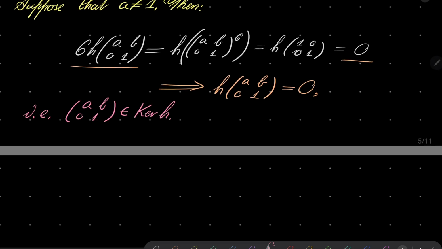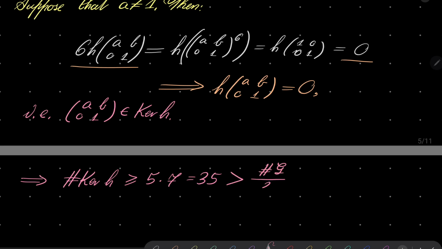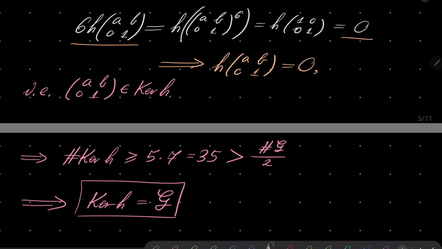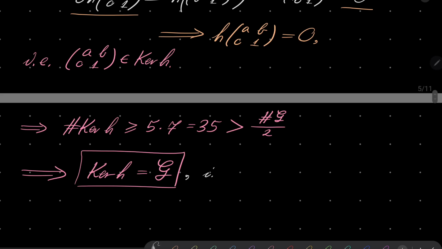B can be chosen in 7 ways, which means that the cardinality of our kernel is greater than or equal to 5 times 7, which is already 35, which is greater than the cardinality of our group divided by 2, which means that our kernel must be the entire group G. That is, our homomorphism must be constantly 0.